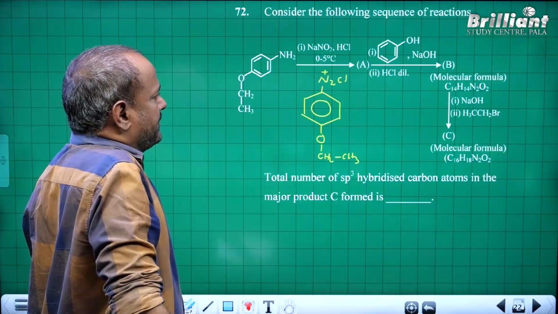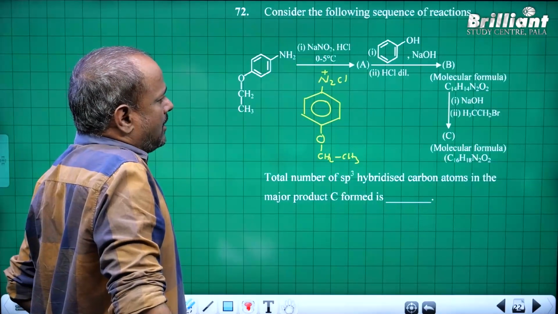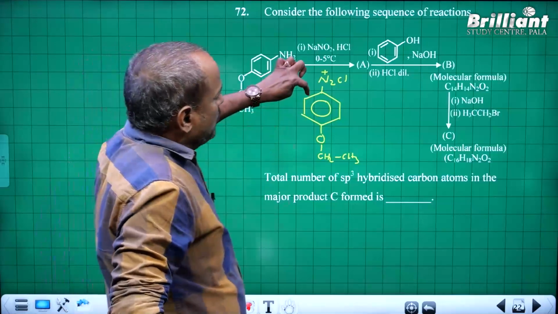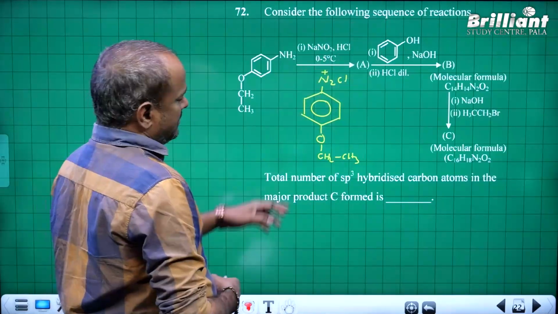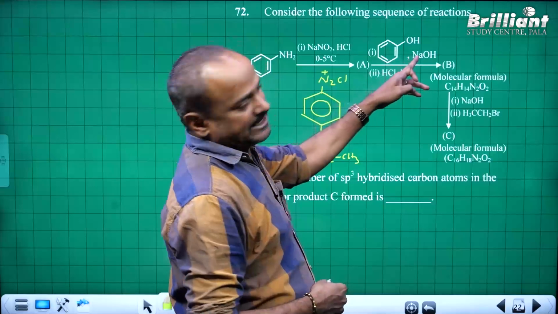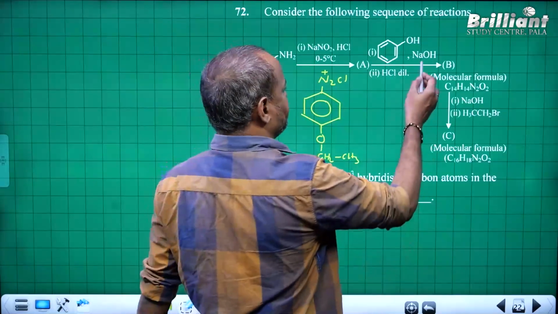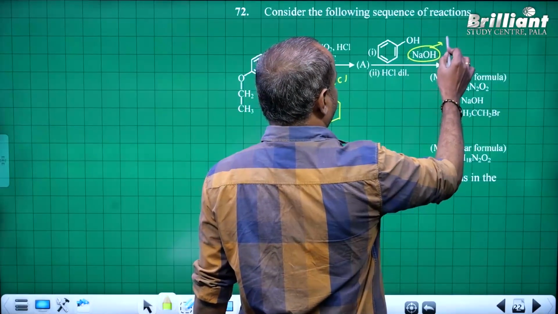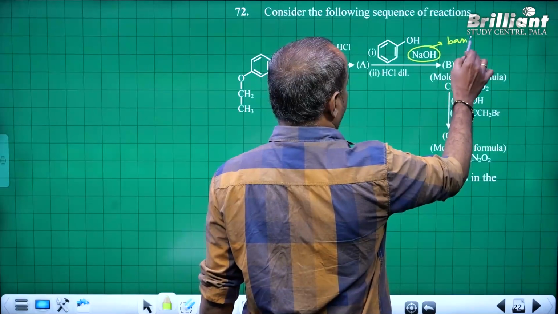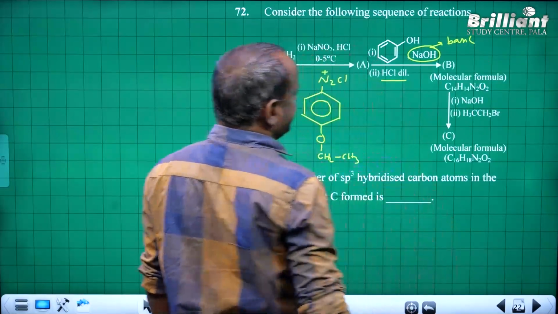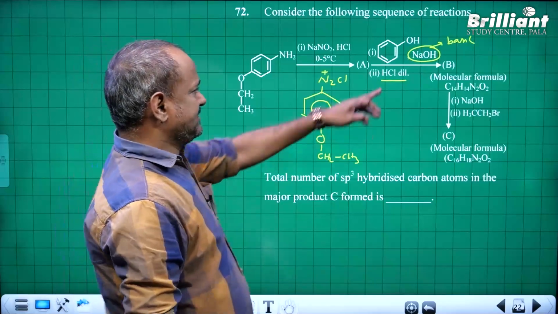Okay. Next, phenol, coupling reaction. Phenol is coupled with diazonium salt at the para position in the basic medium. NaOH is only for medium purpose, basic medium. But with dilute HCl, hydrolysis, because first it becomes ONa.